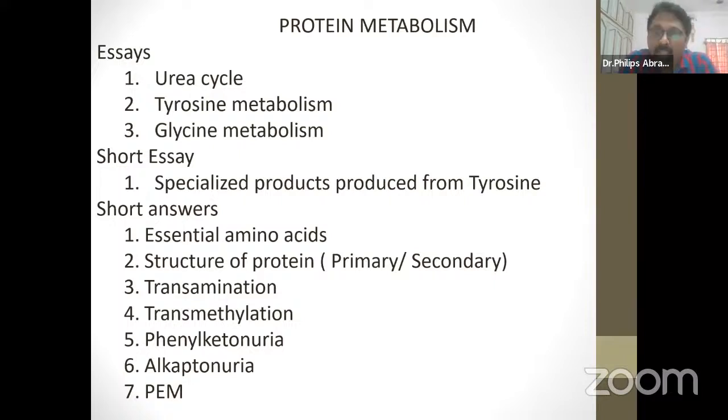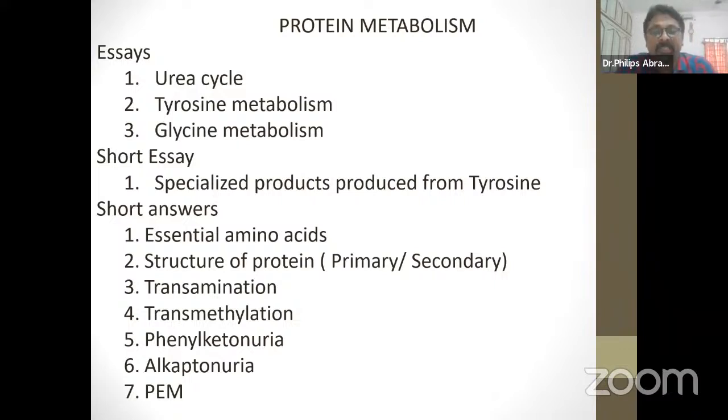You should say about complete protein, incomplete protein, and poor protein when the question is about essential amino acids. Any protein that contains all the essential amino acids is called a complete protein, for example milk protein or egg albumin. Then incomplete protein, which lacks 1 essential amino acid, and poor protein, which lacks more than 1 essential amino acid. So add that also. Then only we can give you all the 3 marks for that.